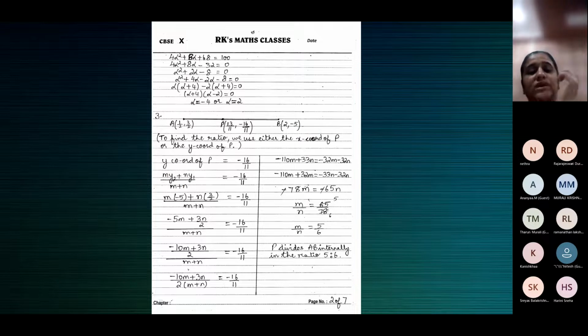You can also find it using the x coordinate of P. That other way, k:1, I'll show you when I show you the fourth answer, children, when you use the ratio k:1.